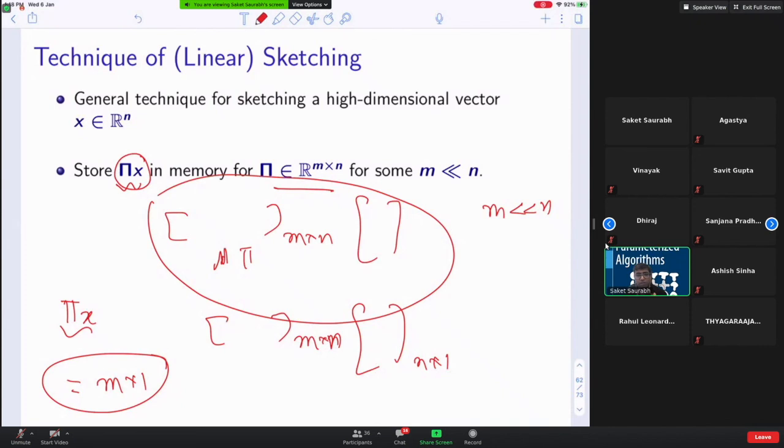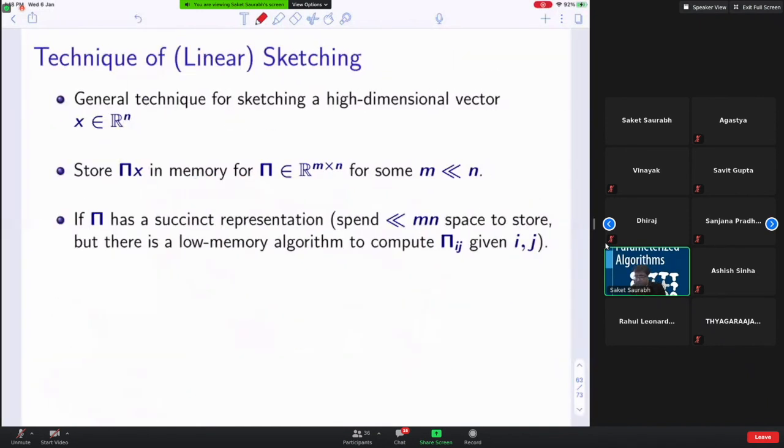We could also think of this as something which does dimension reduction. If Pi has a succinct representation, meaning we spend much smaller space to store it, and there's a low memory algorithm to compute Pi_ij given i and j, what is the meaning of this?